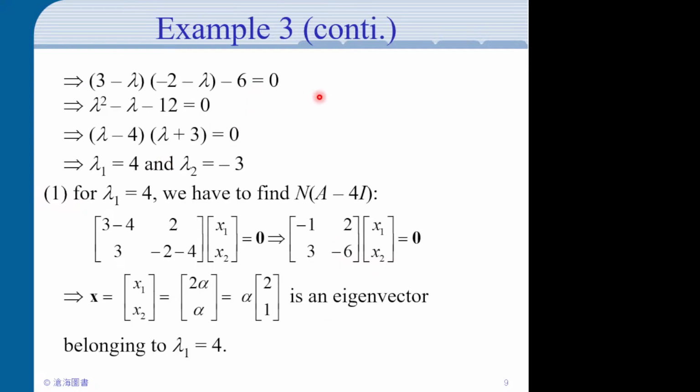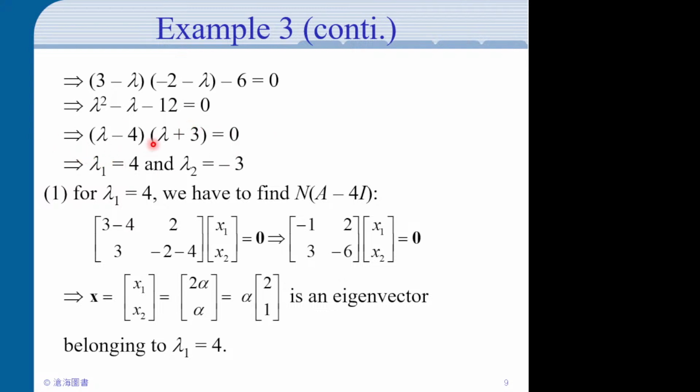Here we set up the numbers nicely, so you will expand it out and we have lambda squared, and here we have plus 5 minus 6 for the lambda term, so minus lambda, and minus 12, equal to 0. And we can actually factor this into two nice integers.